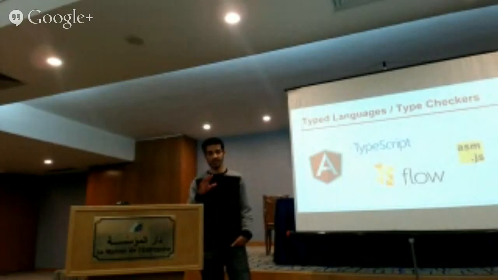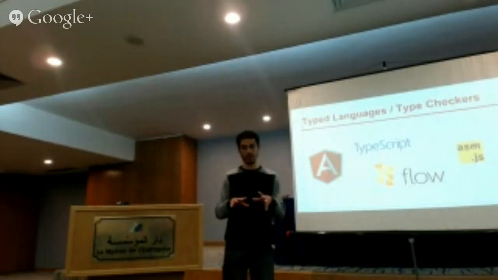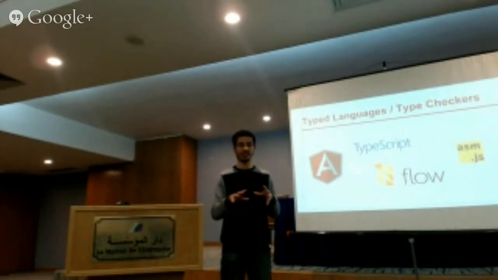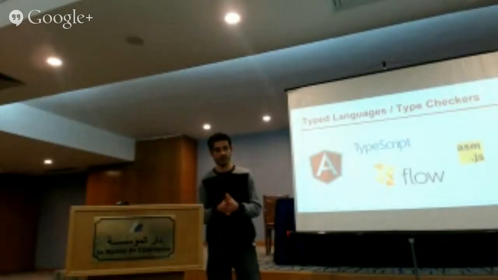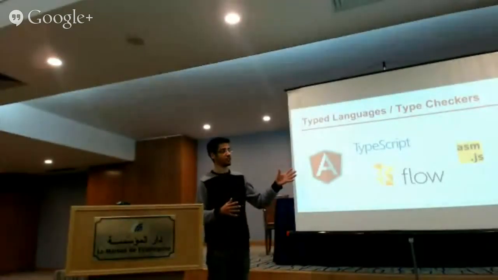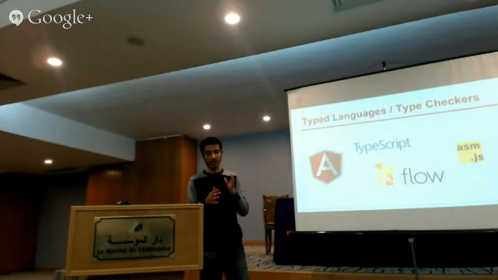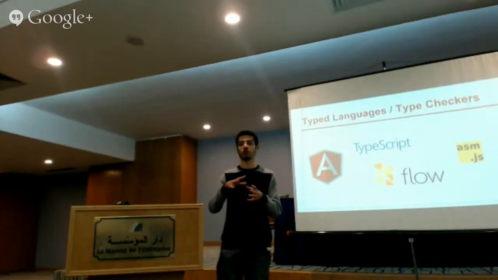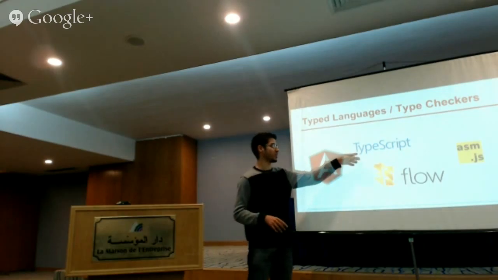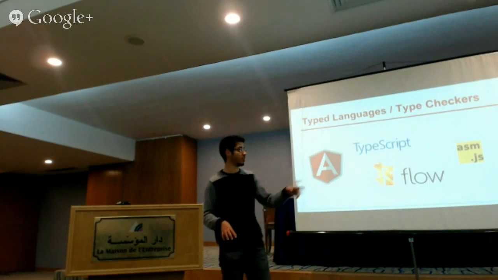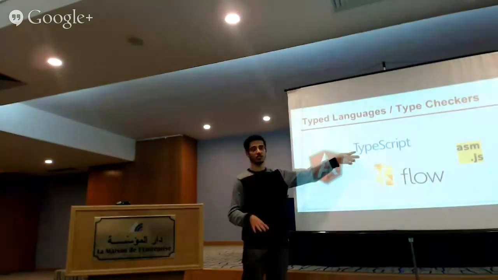Many people see that when you have a huge code base, a static typing system will help a lot because it will catch errors in the compiling phase. That's why many companies invest in either a new language that compiles to JavaScript or a superset of JavaScript with some type annotation. I'm going to start with TypeScript, which is the language from Microsoft that compiles to JavaScript. The main feature of this language is that it's typed.